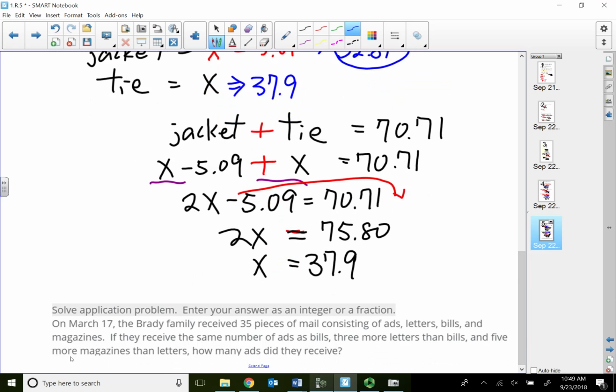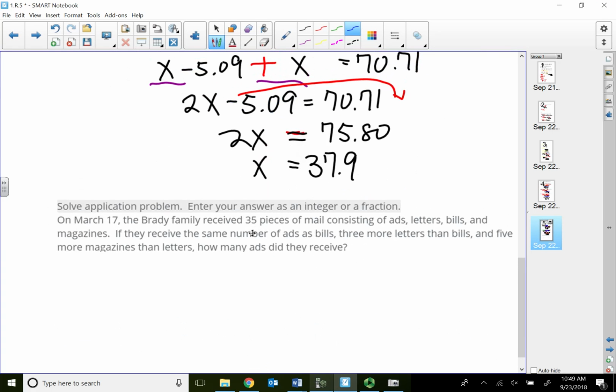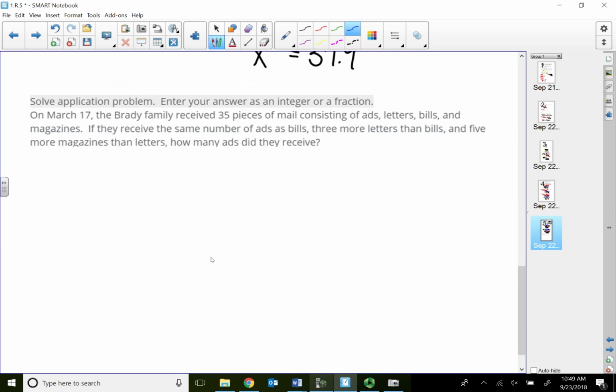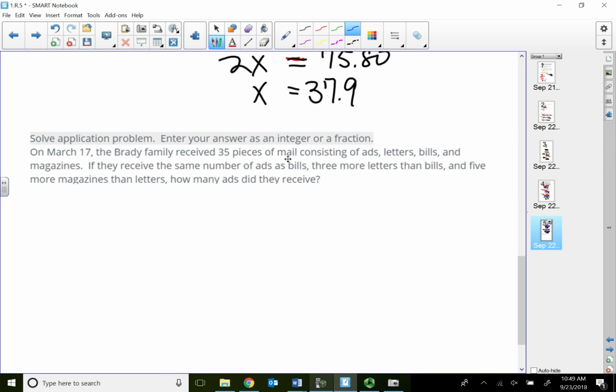Now, those two examples are comparing between two items. When it comes to comparing more than two items, we do it slightly differently. We literally have to compare them now. So on March 17, the Brady family received 35 pieces of mail consisting of ads, letters, bills, and magazines. That already tells you how to write out the equation, because these ads, letters, bills, and magazines together are going to be 35 pieces of mail.